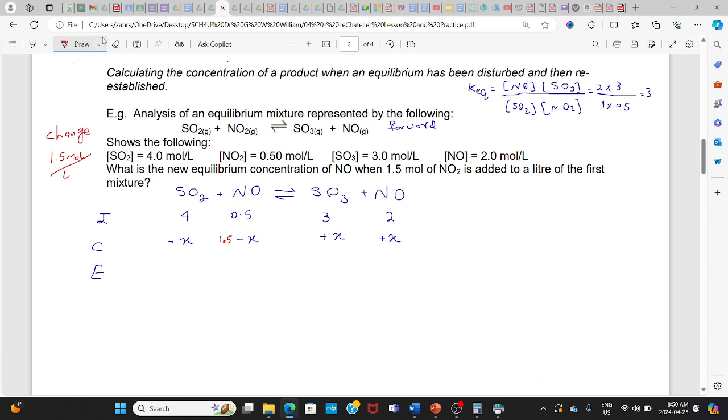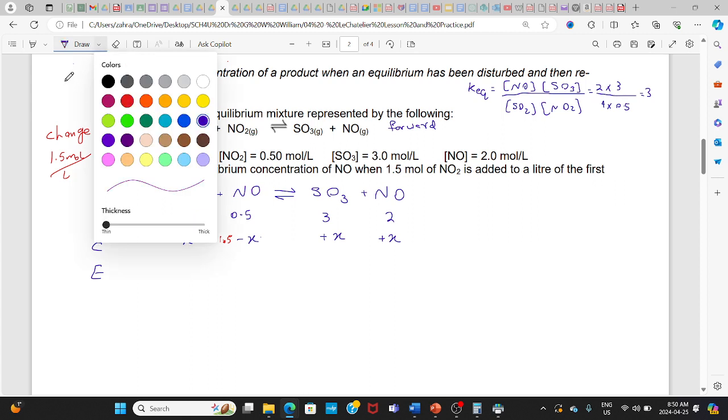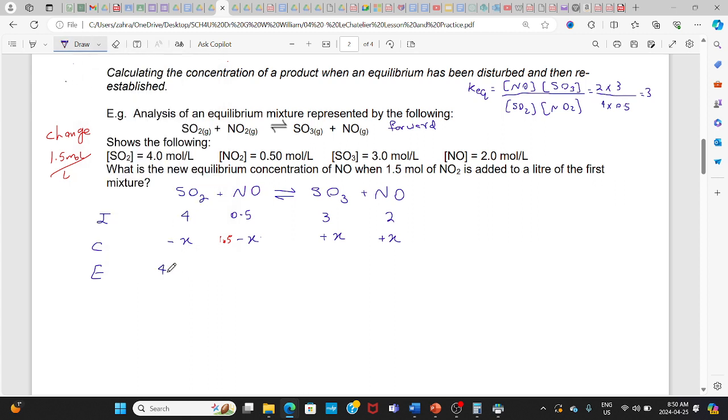Now at equilibrium, we have 4 minus x, 1.5 minus x, 3 plus x, 2 plus x. Now the rest is easy. You just need to use KQ. So again, we're using the same thing. Now KQ is 3.